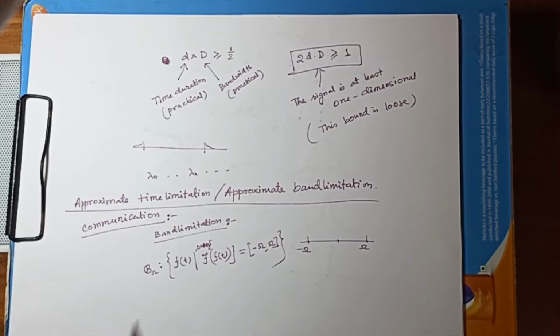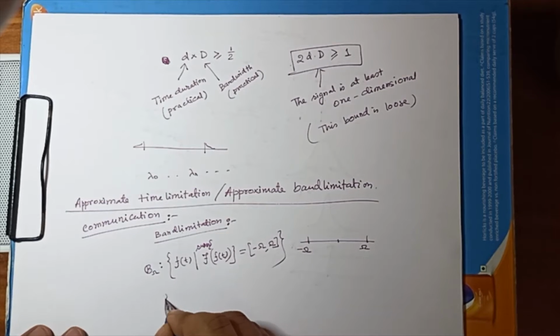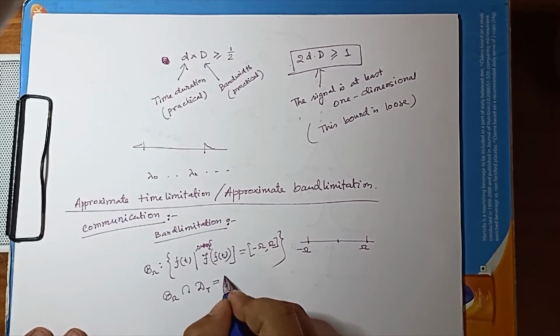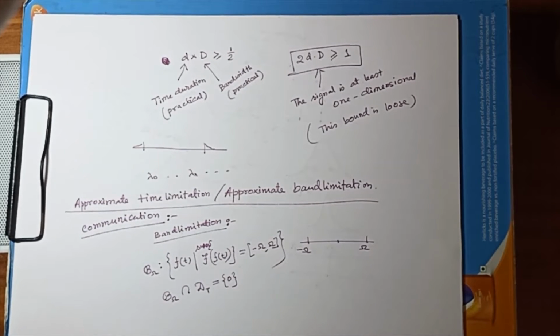This is my band limited signal space, and my signal resides there. Now we know that we cannot have time limitation of such a signal, since the intersection between these two spaces is essentially the trivial signal 0. You cannot have any meaningful signal here.